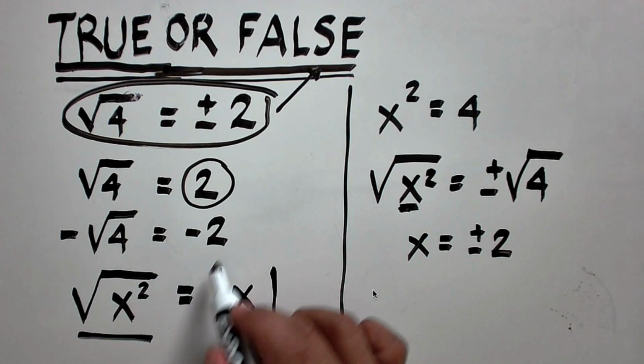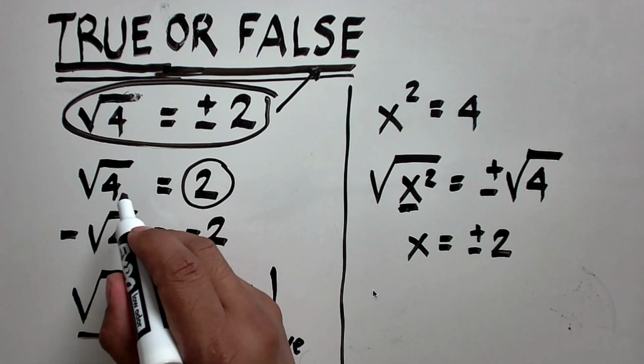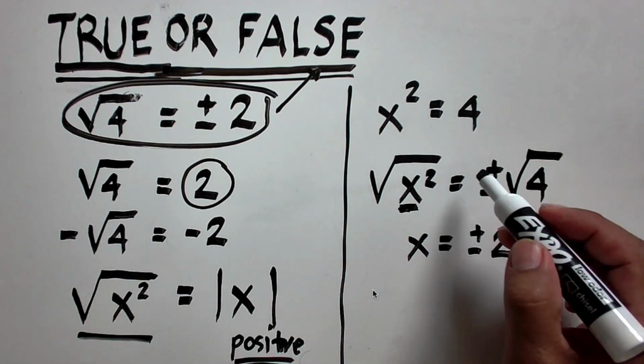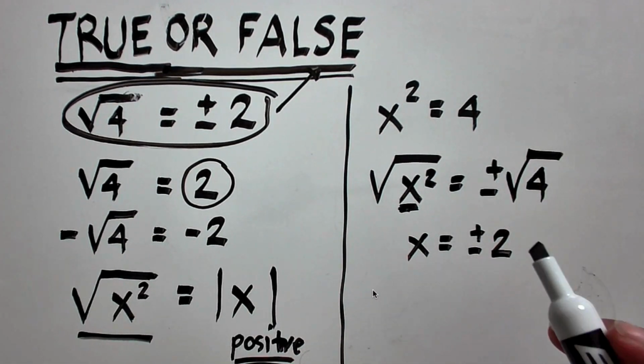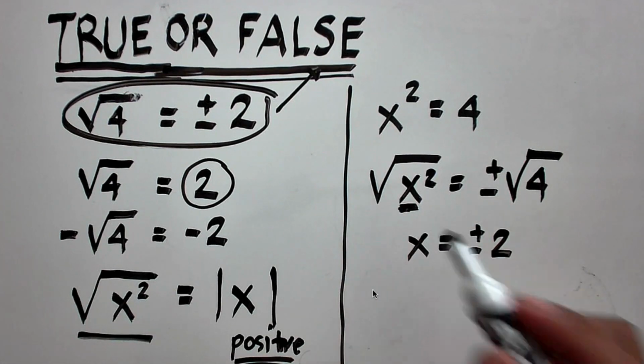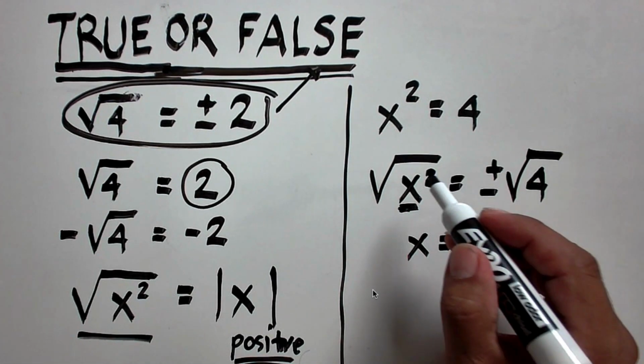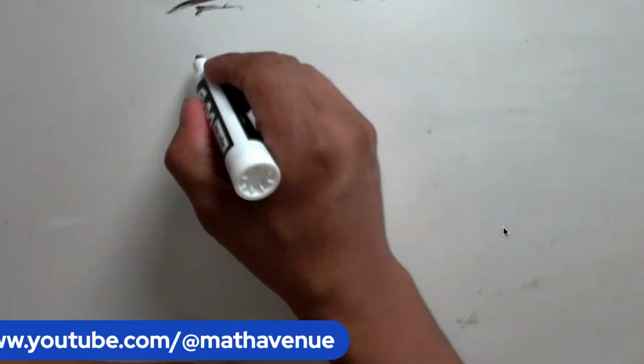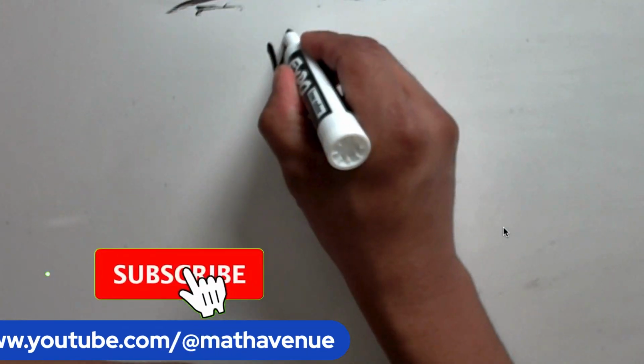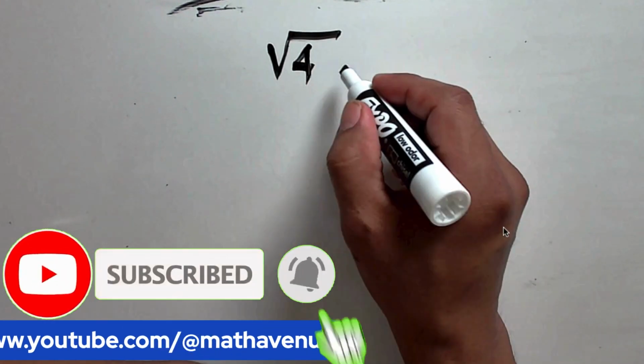Remember, we are not solving for the value of x here. We are computing for the value of the expression. Whereas here, we are solving for the value of x. We are solving an equation, and there are two possible roots that can satisfy this equation. And one more thing, when we have the square root of 4, our intention here is to get the positive root.